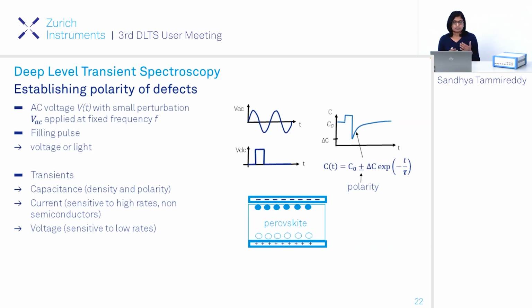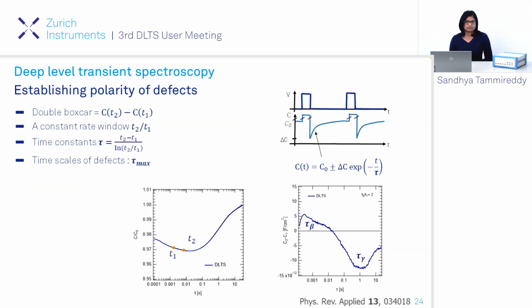Some transients are sensitive to high frequency defects, or other representations are known for slow measurements. Regardless of which transients you look at, they might contain more than one defect signature. In such situations, the double boxcar method is very useful.